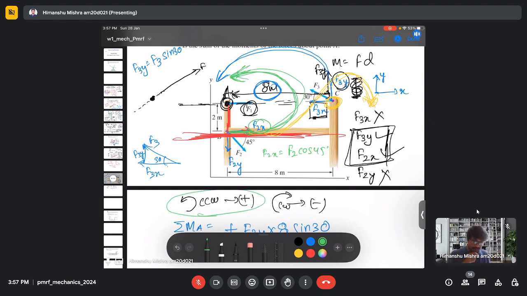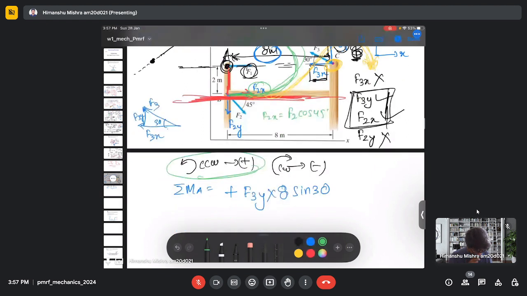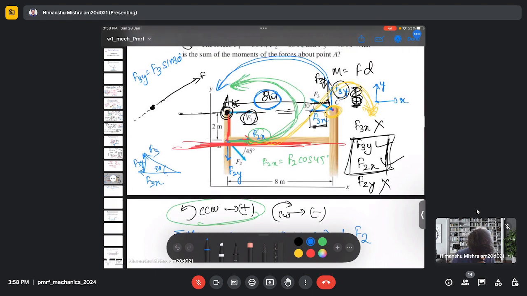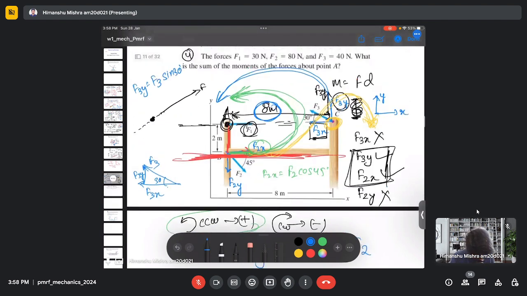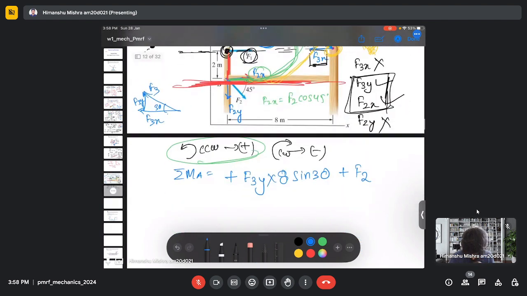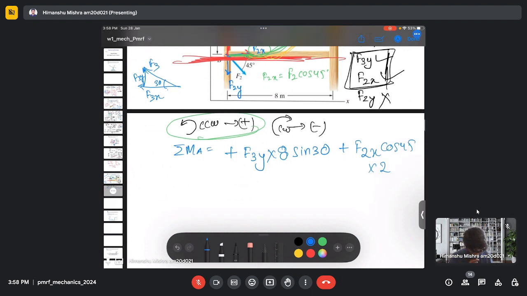So you need to consider the positive sign here. So it will be F2 cos 45 multiplied by the normal distance, which is 2.